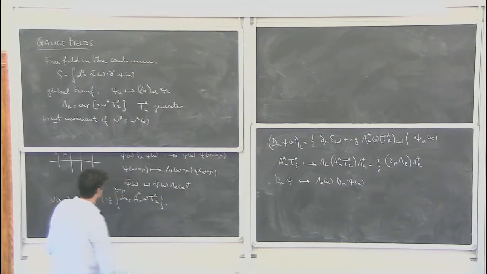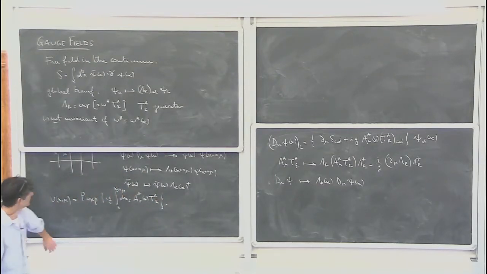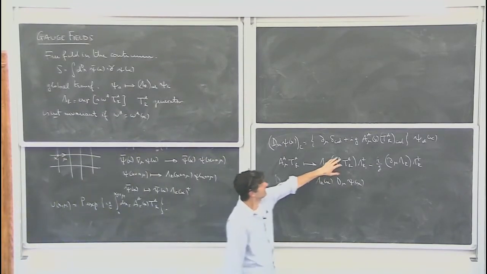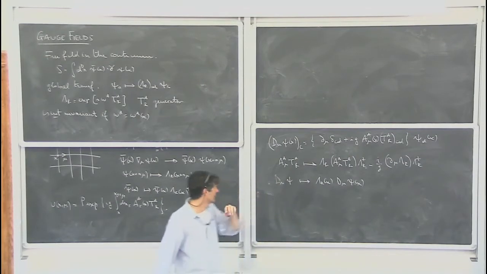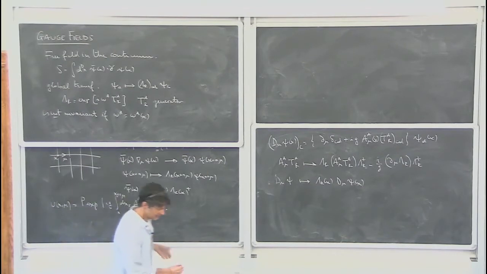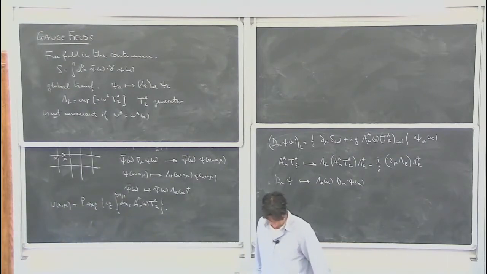Okay? So if you were in the continuum and you had an affine connection A, then the parallel transporter along a line from x to x plus a mu would be defined exactly like that. Okay? And now, what is that? I mean, that's an element of the group.